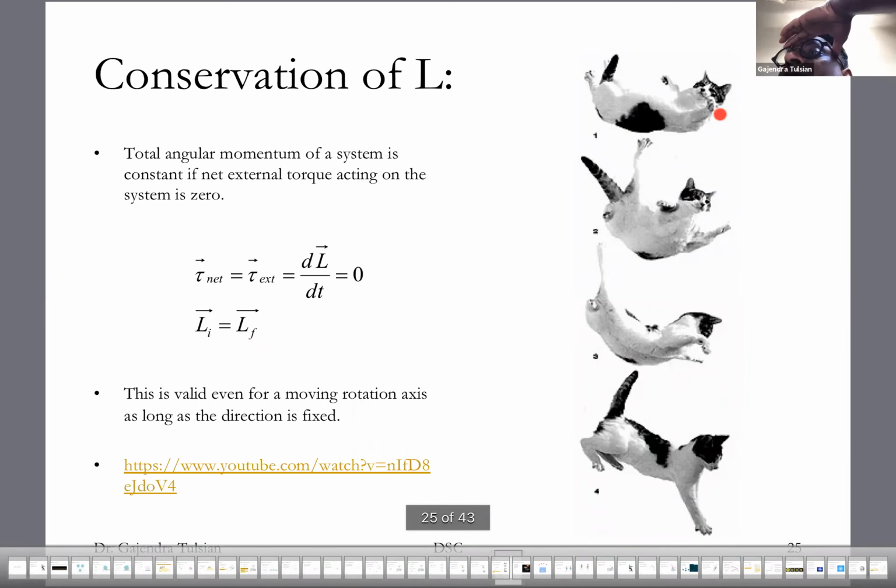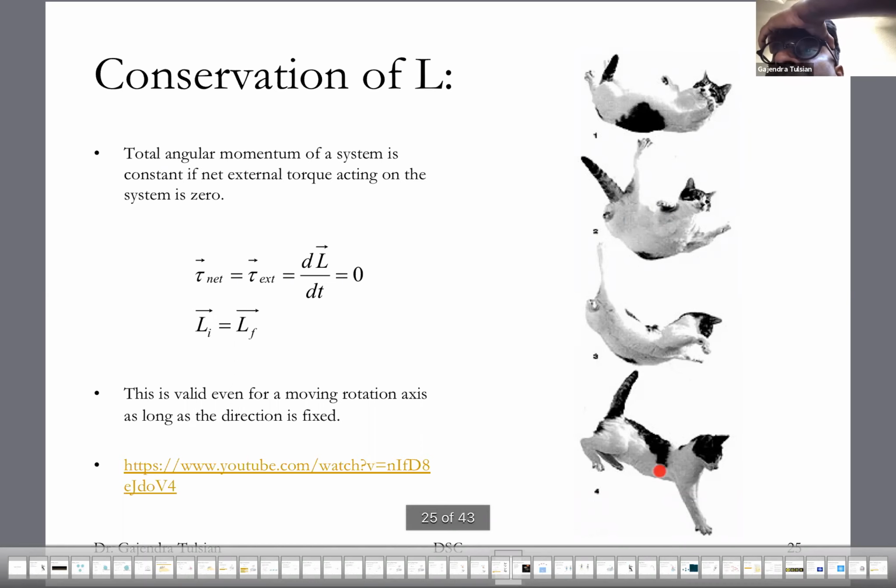Now you can see from these frames that the cat's body is spinning in this direction. So it obviously has an angular momentum in this direction, which is a vector pointing in that direction. So what is really happening is the cat makes its tail spin the other way, and so its body can spin this way. The angular momentum of the tail and that of the body add up to 0 at all times. And that's how the cat lands on its feet every time.